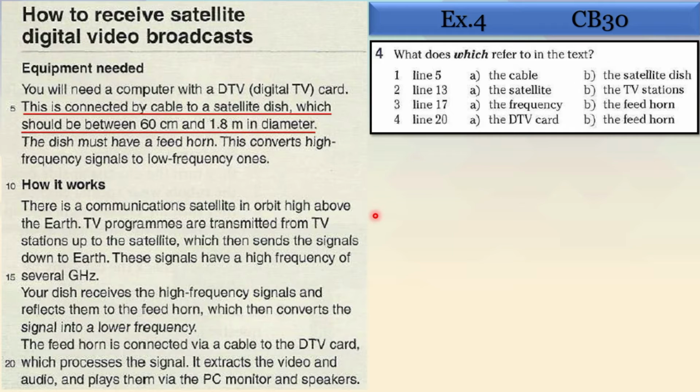What should be between 60 centimeters and 1.8 meters in diameter? Excellent. The satellite dish. So, which refers to the satellite dish. Great. Now, pause the video and complete the task.